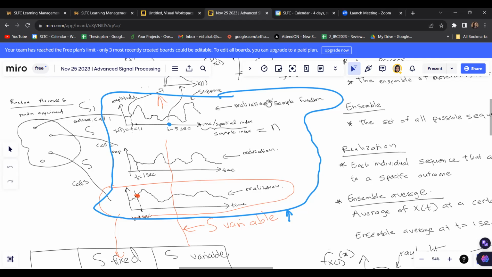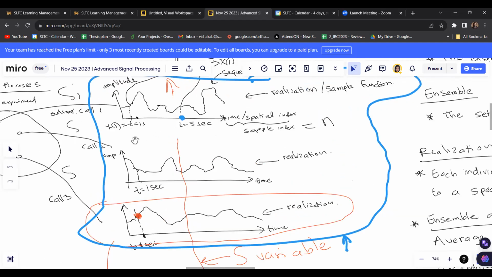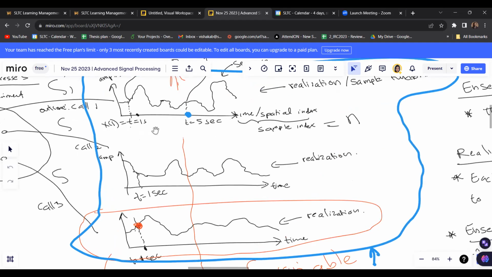So the random variables means basically the variable that is formed when we consider one time instance, right? So if we consider one time instance, let's say t equals 1 second, then we can consider the distribution and other statistics of the amplitudes for that specific time instance, 1 second.